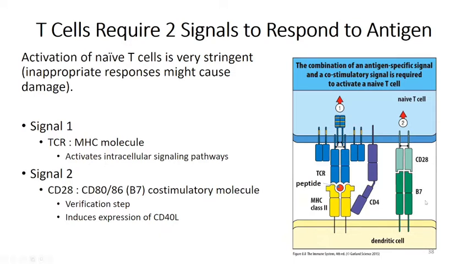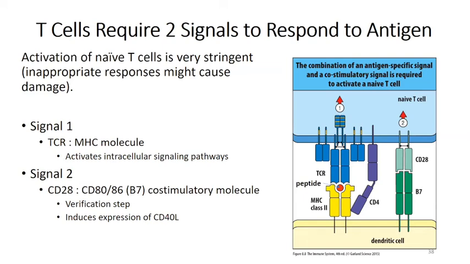The ligand for CD28 has confusing terminology. They used to call it B7-1 and B7-2. Now they have CD numbers, so CD80 and CD86. It's the co-stimulatory molecule found on the antigen presenting cell, and CD28 produces signal 2. So a combination of antigen signal 1 and co-stimulation signal 2 allows that T cell to become activated.